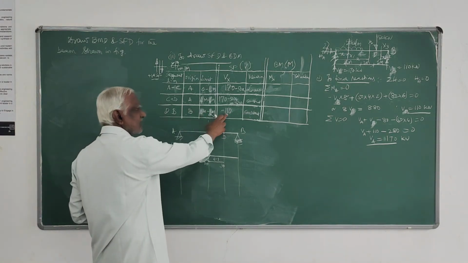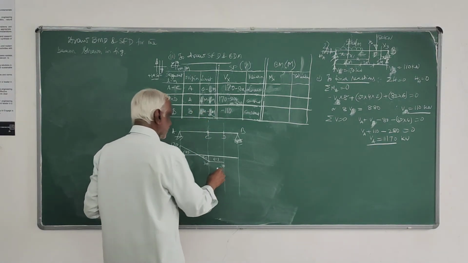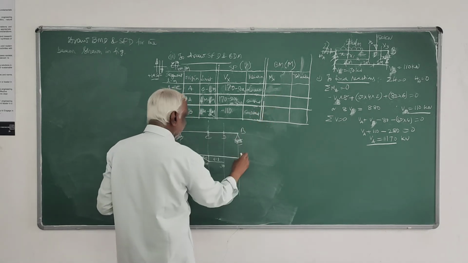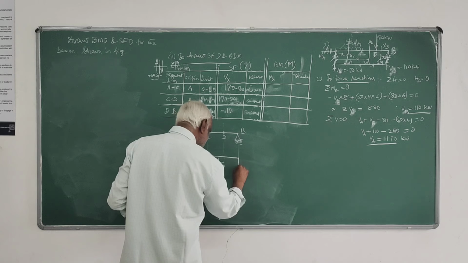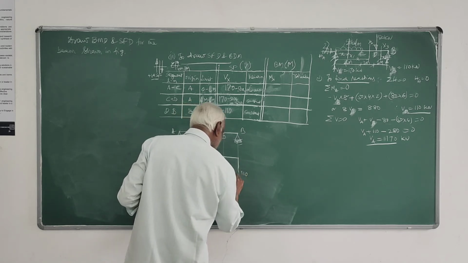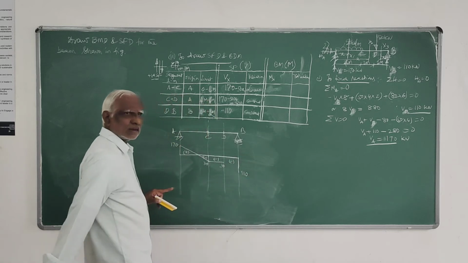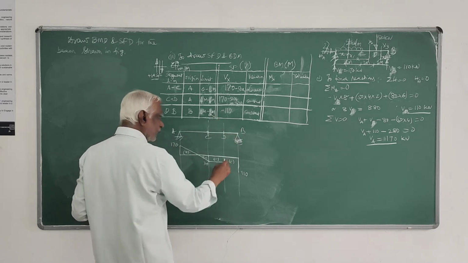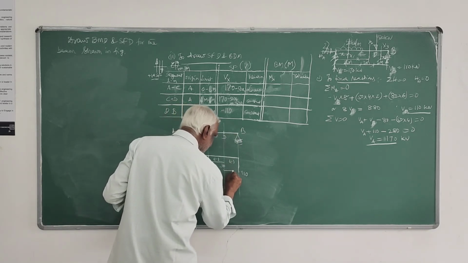When x equals 0, it means it is at B, and at B it is minus 110. Then when x equals 2, it is again minus 110.